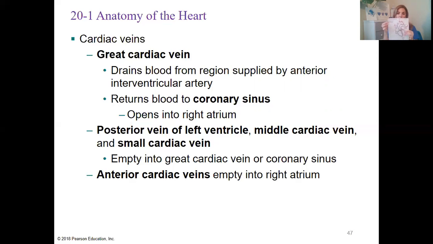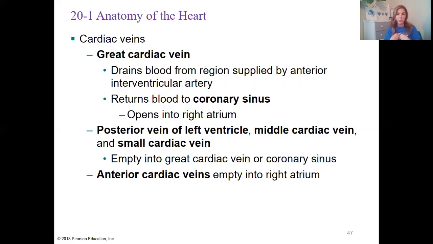So that's why that's important to remember, that whenever you're getting blood from, let's say, the head, deoxygenated blood to go from the head into the heart is going to have to go through the SVC. Deoxygenated blood from the pelvic cavity is going to have to go from the pelvic cavity to the heart through the IVC.